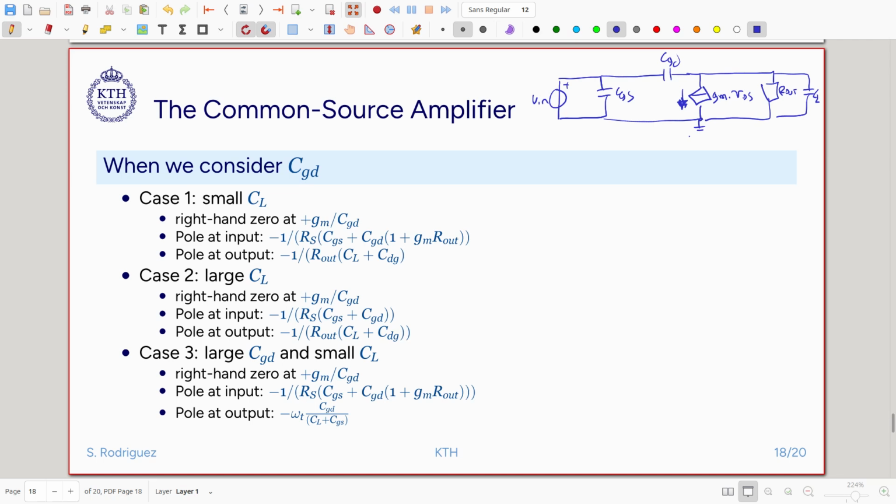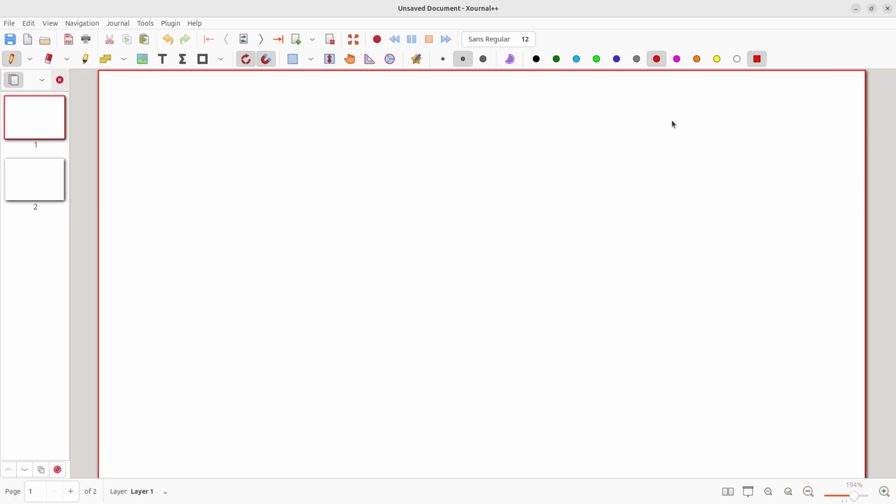And before going into the analysis, we need to study something that is called the Miller effect. So for the Miller effect, when we have some amplification, in this case it can be a voltage amplifier, and we put an impedance.